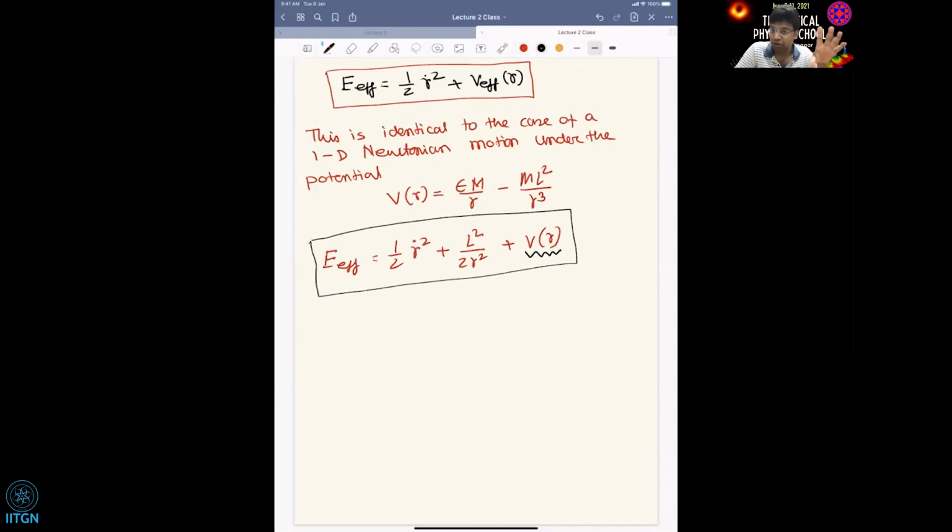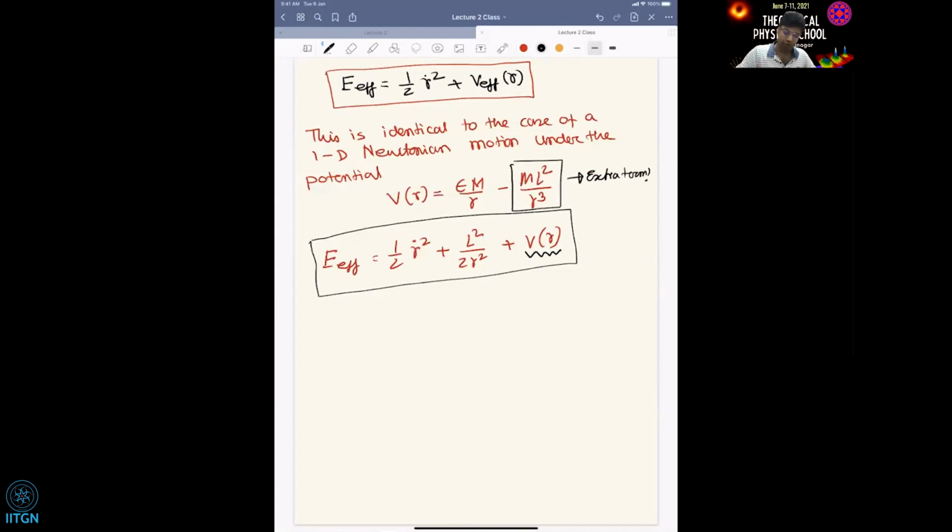The planetary motion is actually a 1 by r potential, but what we have found is an extra term. So GR is equivalent to Newtonian theory, but with an extra term, mL square by r cube, and this is actually the relativistic term.